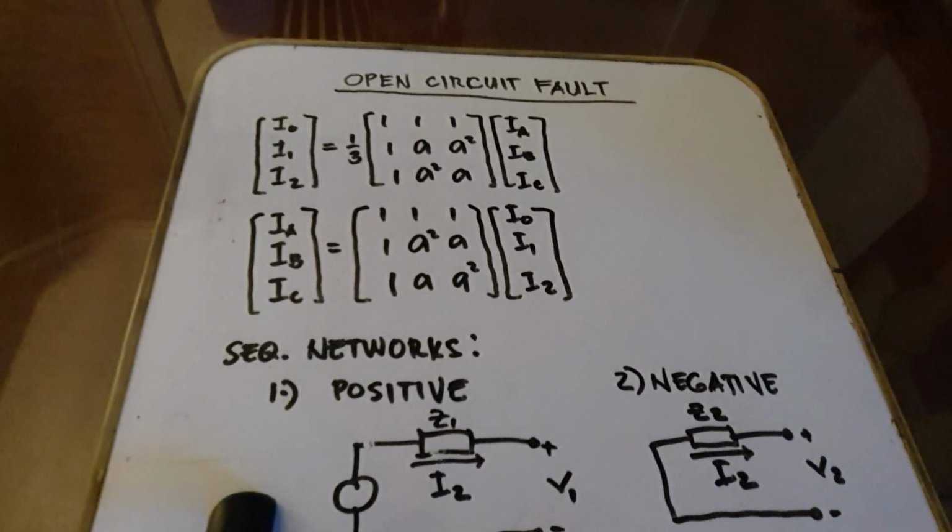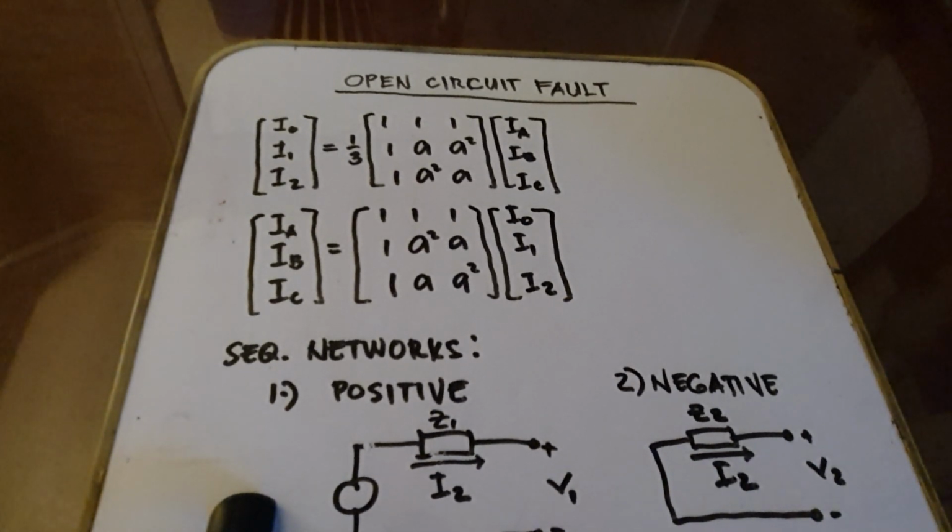So good day everyone. In this video we are going to discuss the open circuit fault. Like in the short circuit fault, the formula was derived based on the symmetrical components, and here in the open circuit fault we are also going to use the symmetrical components to analyze and derive the formula of the voltage and the currents during the open circuit.